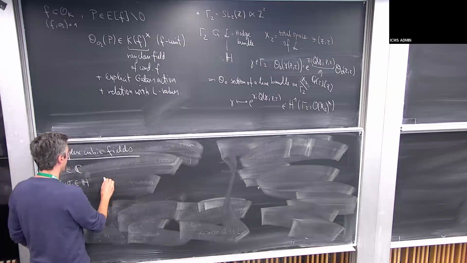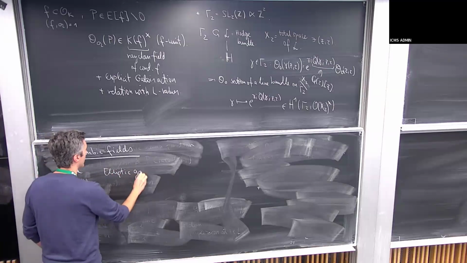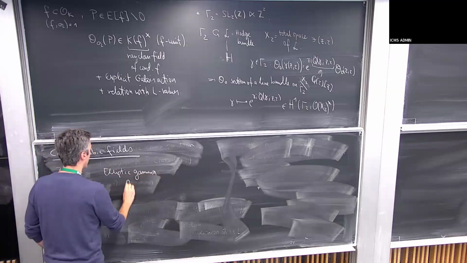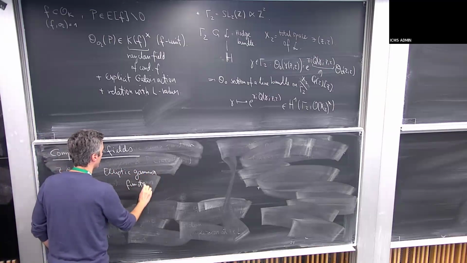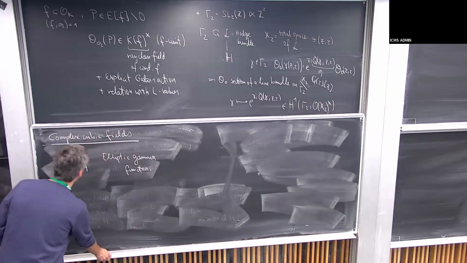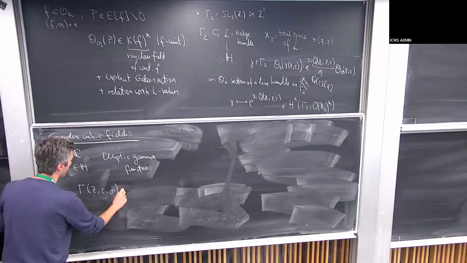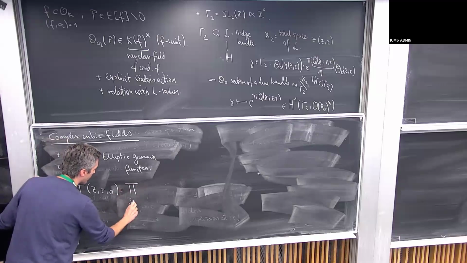This function is the elliptic gamma function that was talked about, and it looks like this. A function of these 3 variables given by this infinite product.